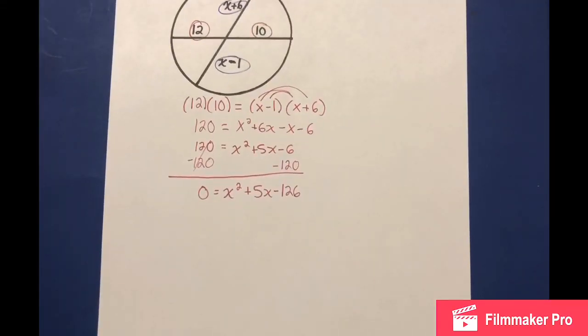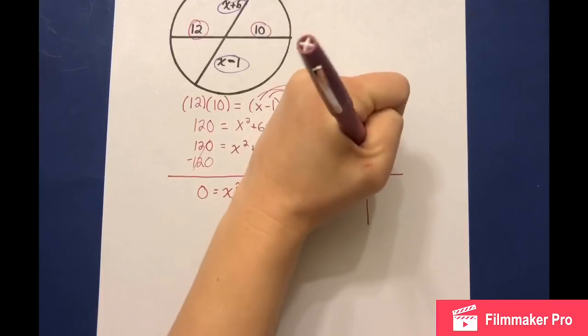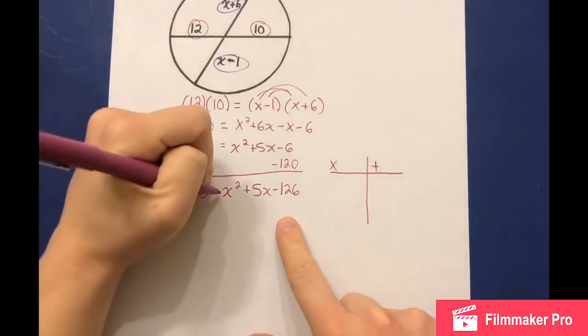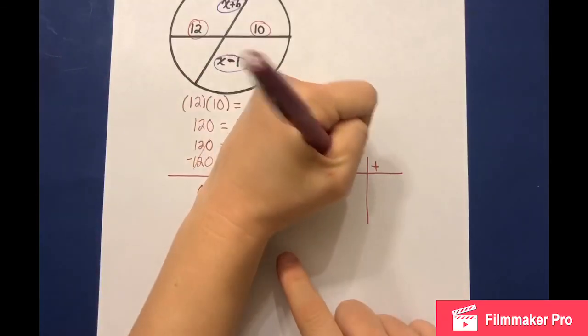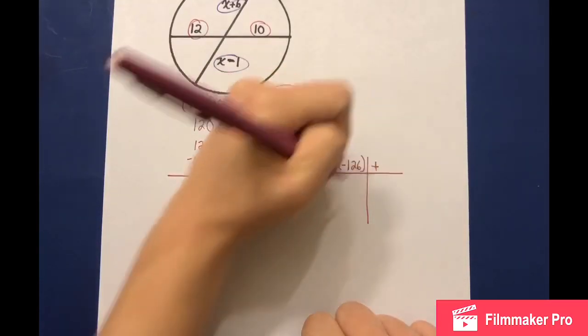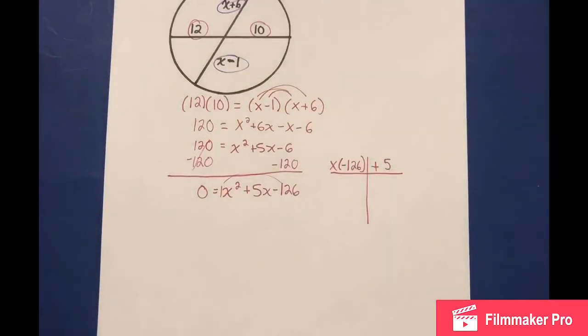So I end up using my T-chart. If you don't want to use your T-chart, that's fine. I need two numbers that multiply. There's a 1 in front, so it's multiplying to negative 126, and it's going to add to a positive 5.